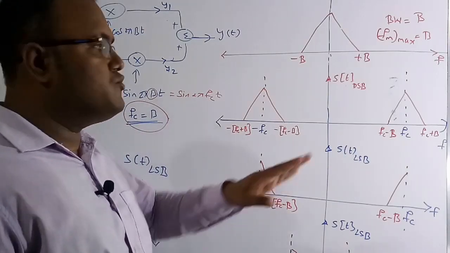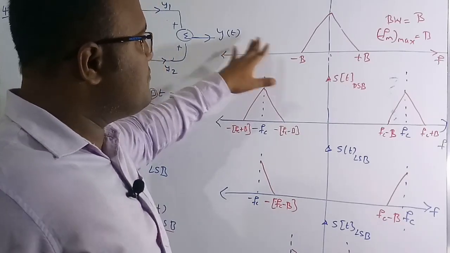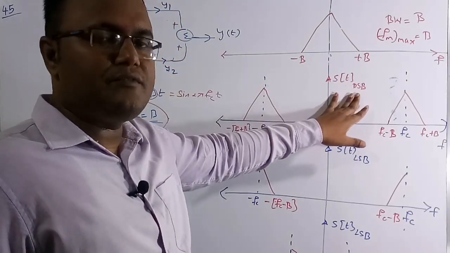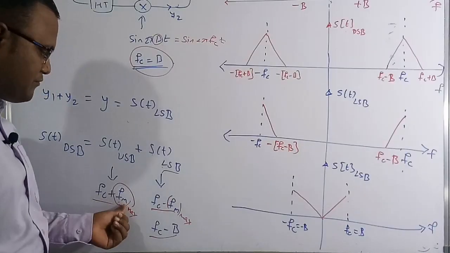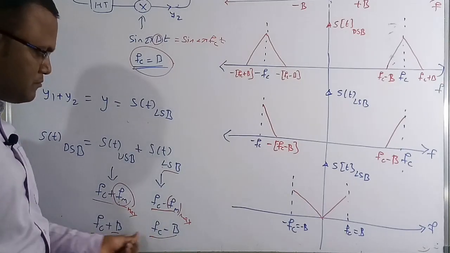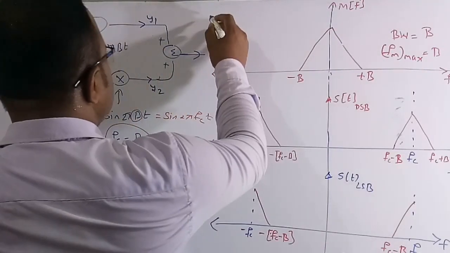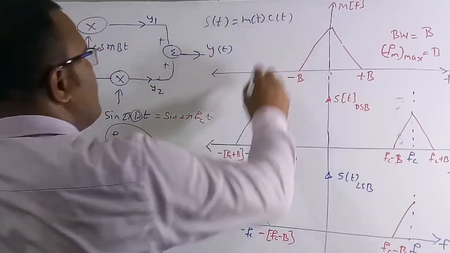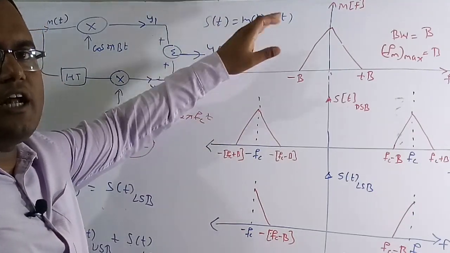Now I am going to draw this DSB. S of DSB contains the frequencies FC plus FM and FC minus FM, which means FC plus B and FC minus B. S of DSB is the product of the two signals. If you do the Fourier transform, a product in the time domain converts to convolution.